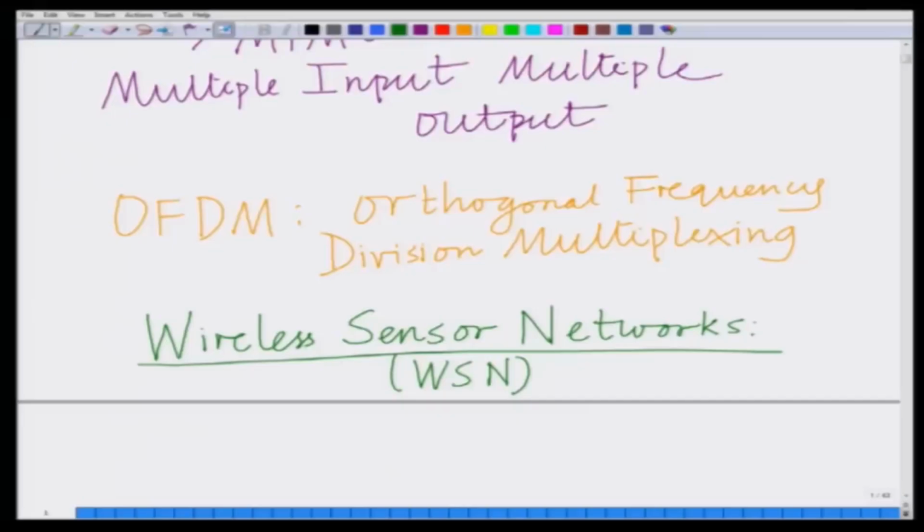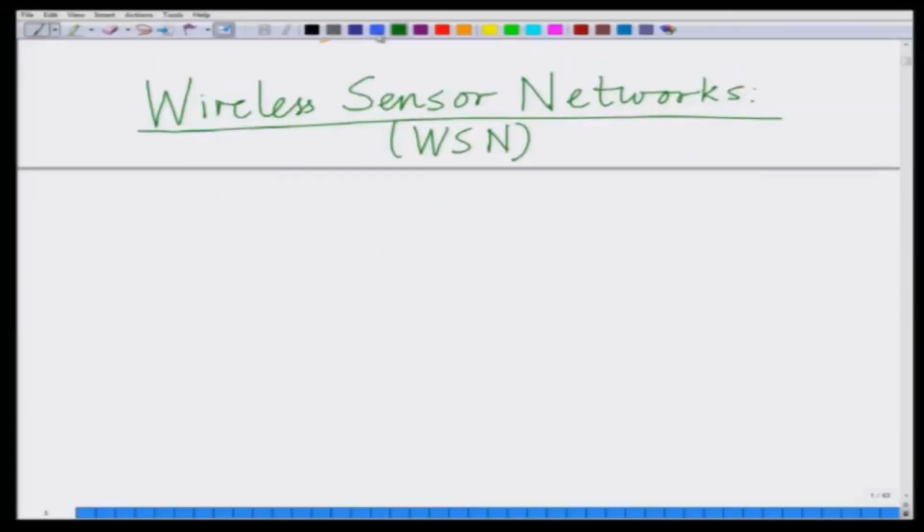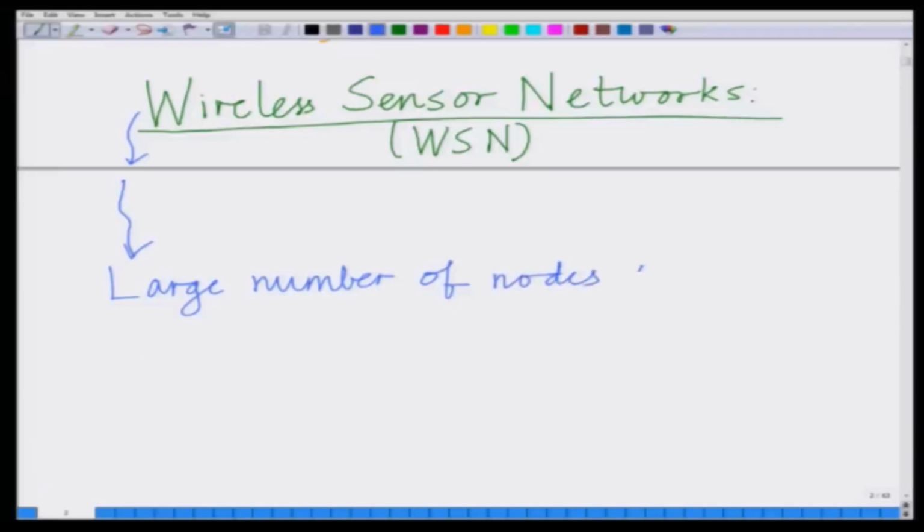So, basically wireless sensor networks consist of a large number of nodes connected over wireless links.